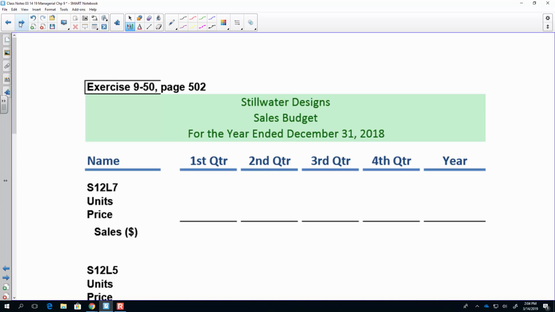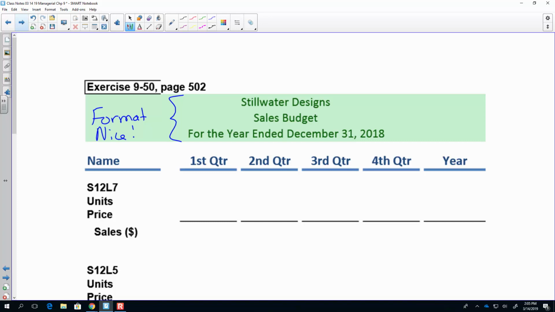Another reason I do this first one, I like the formatting. This is what I'm looking for on your project. Remember, your audience for these budgets are those in charge of your operation, right?